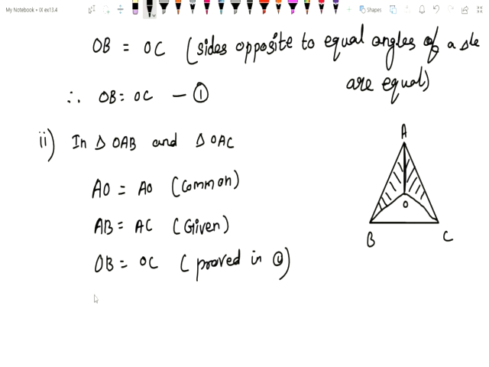So see here, what are the things we said? OA is common, AB equal to AC, and OB equal to OC. So now, 3 sides we used.